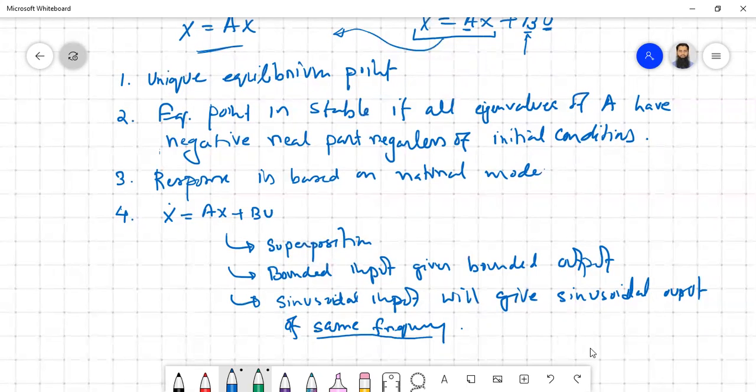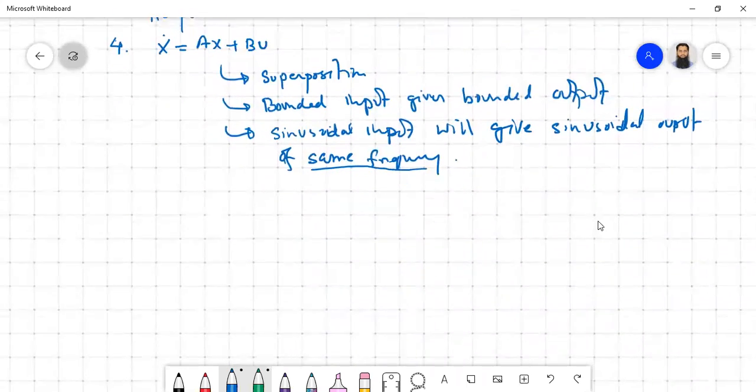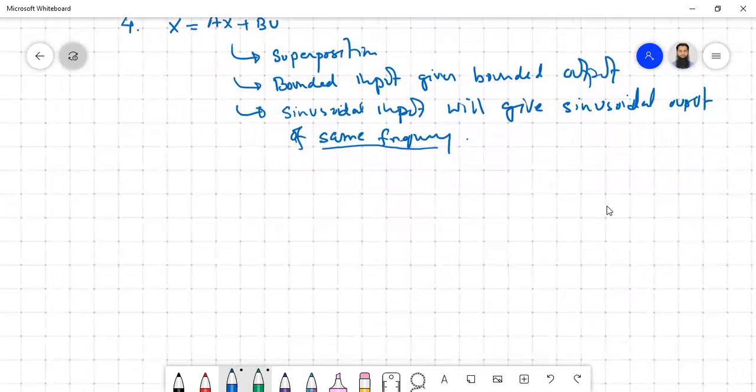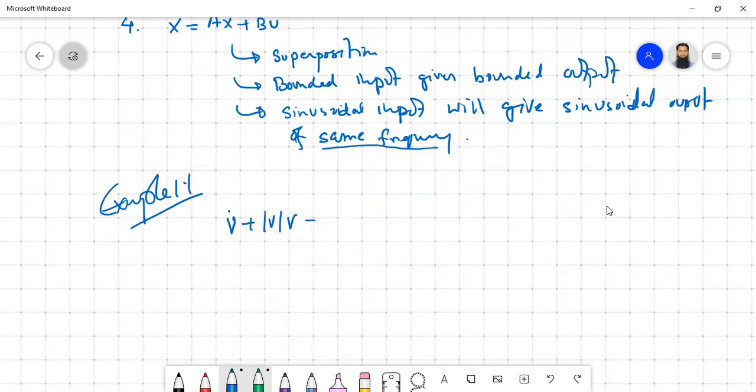Now let us look at one example of a nonlinear system. This is example 1.1, a simplified model for the motion of an underwater vehicle. So basically v dot plus v square equal to u.